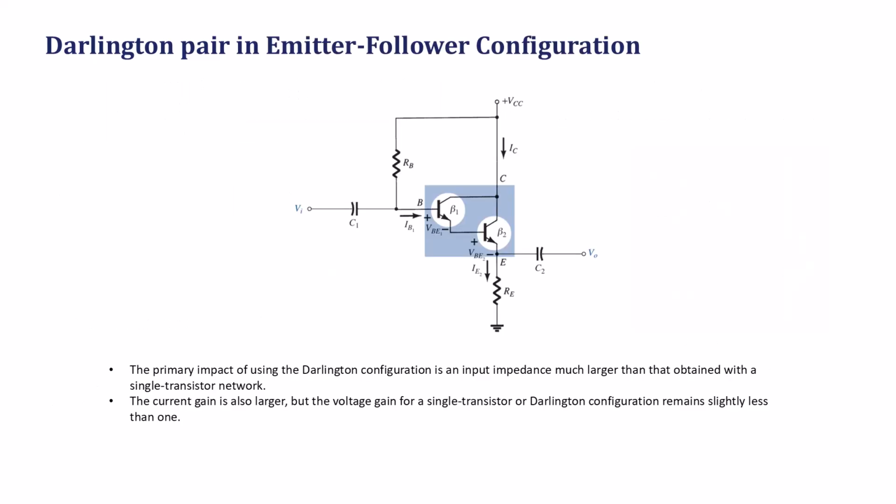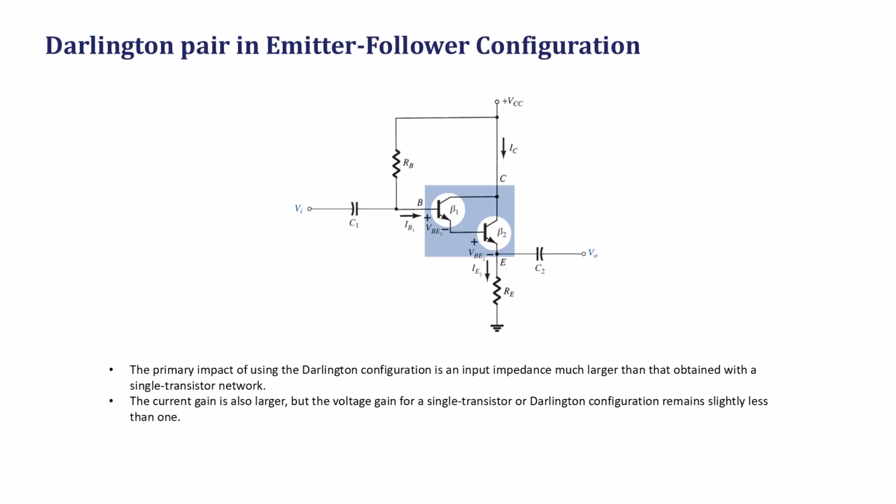Here we see the Darlington pair used inside an emitter follower configuration with the input coupled in through C1 and RB and the output taken through C2 across the emitter resistor Re. The primary impact of using the Darlington configuration here is an input impedance that's much larger than what we'd get from a single transistor network, which makes sense since the composite beta is so much higher.